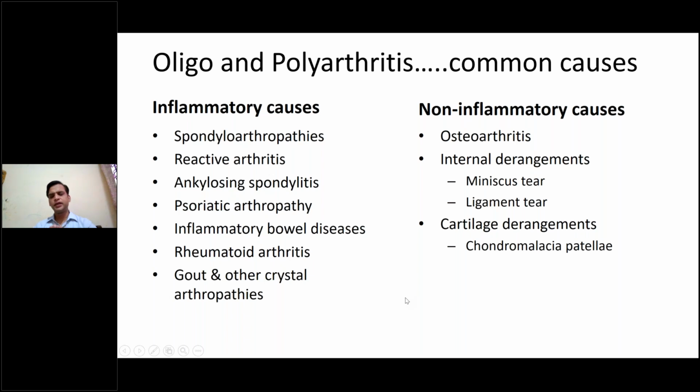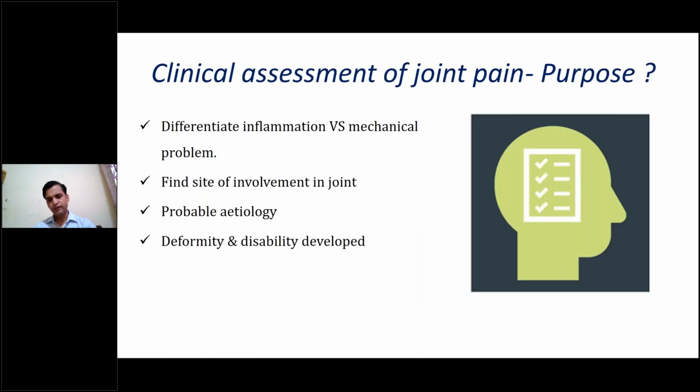So how do we clinically assess, and what shall go in our brain while assessing any joint pain? We need to differentiate between mechanical pain and inflammatory pain, and find out the exact location or source of that pain in the joint.